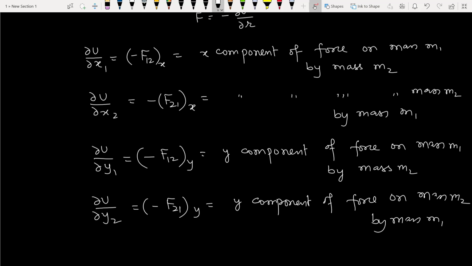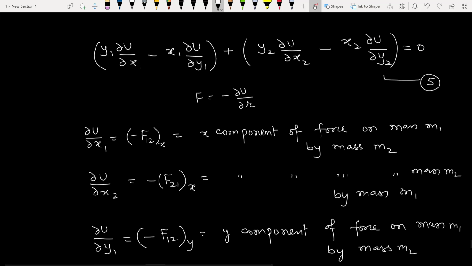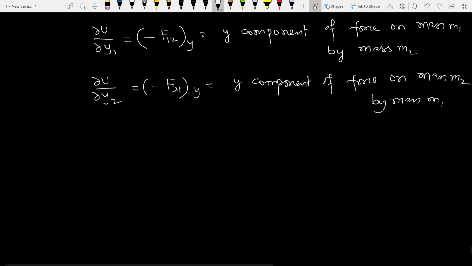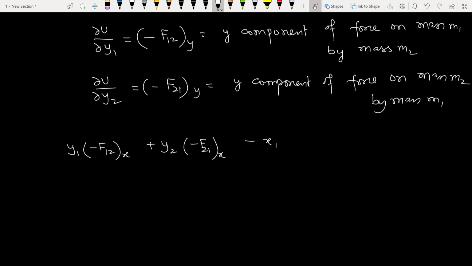So using all these formulations in equation number 5, we get y1 into F12 x component plus y2 into F21 x component, minus x1 F12 y component, minus x2 F21 y component, equal to 0.